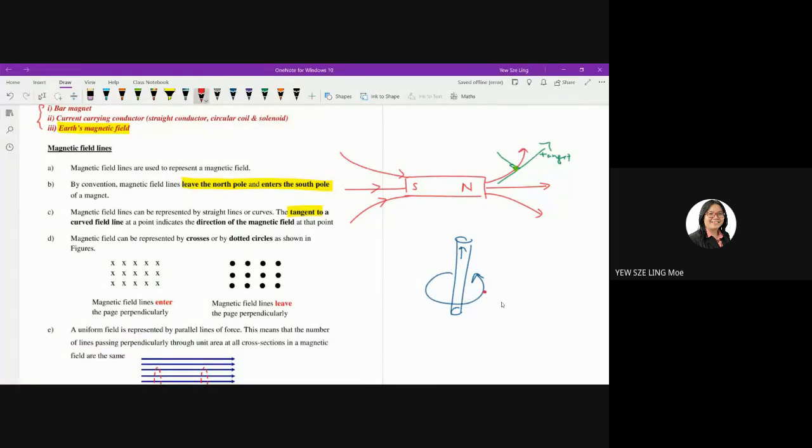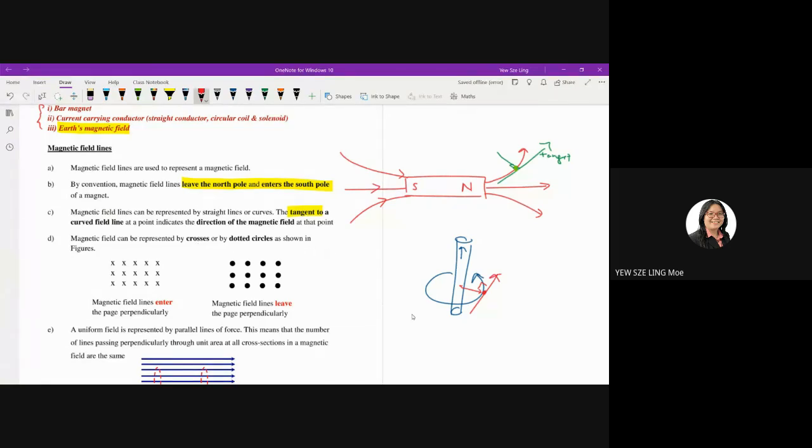For example, here, let's say this is the radius, then the tangent is always perpendicular to the radius, and this represents the direction at this one point. So the tangent is perpendicular to the radius of the curve, and we use the tangent line to represent the direction of magnetic field at that one point.